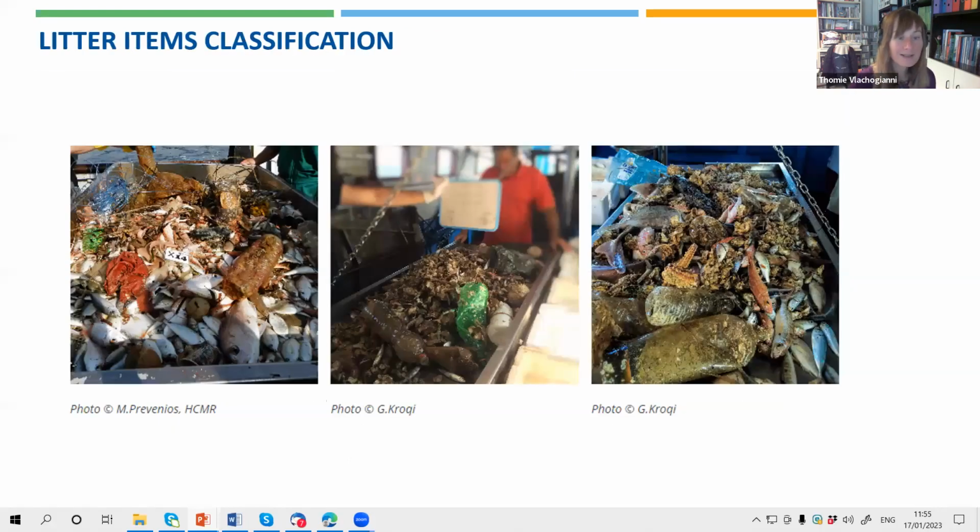And here you can see typically what is being caught in the hauls: plastic bottles, fishing nets, and again, the same litter items classification list should be deployed.